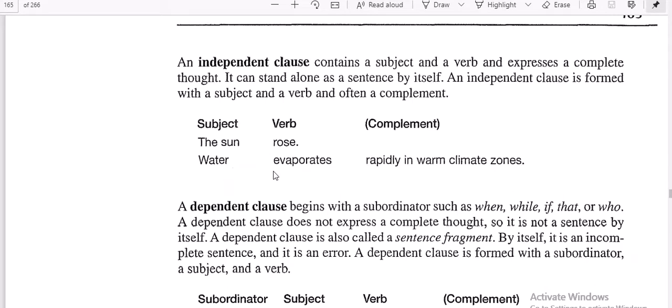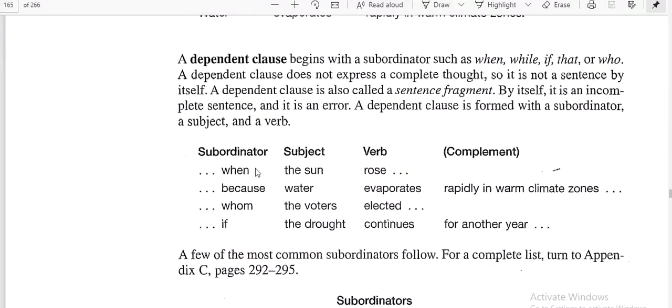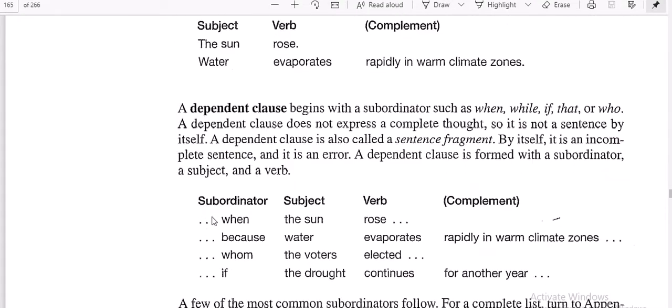Okay, so don't be misled by complement, because there is a difference between complement and subordinator. A subordinator is not separated from the other words of the clause by a comma. But a complement, if it begins the clause, is separated from the clause by what?